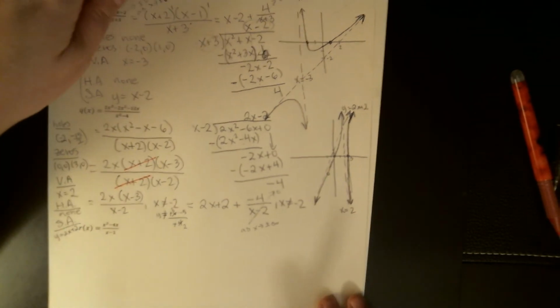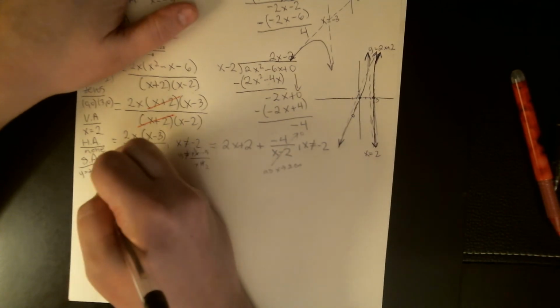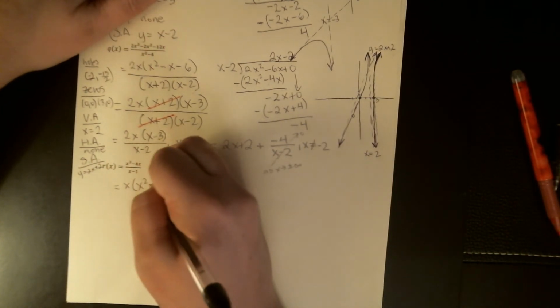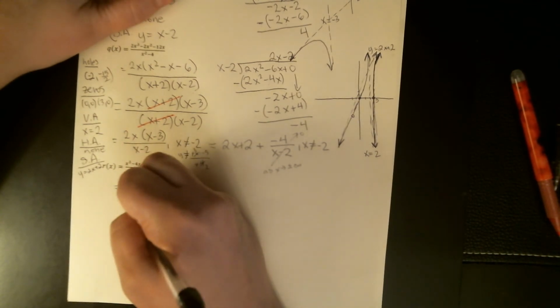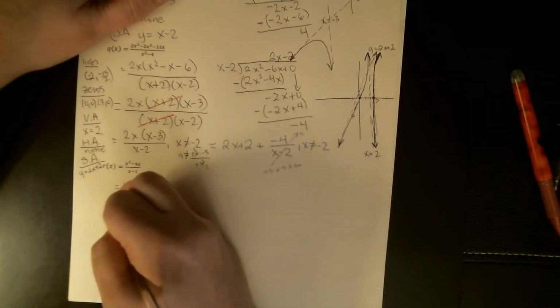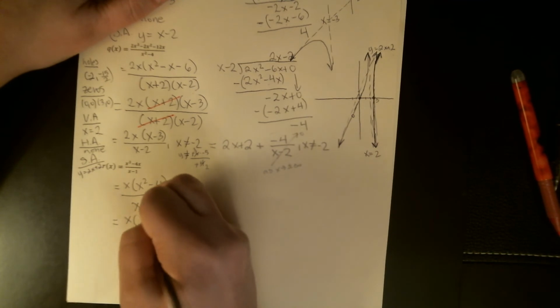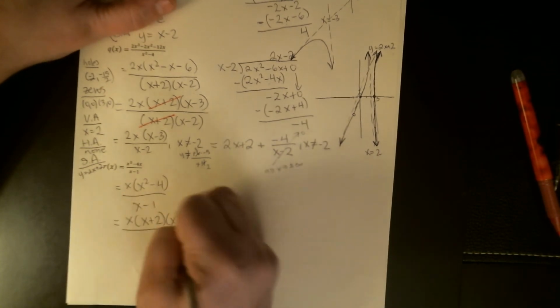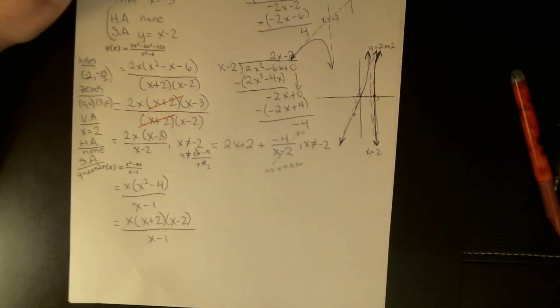Okay, one more. Let's see. So if we factor out an x on the top, we get x squared minus 4 over x minus 1. And this factors into x plus 2, x minus 2, over x minus 1.